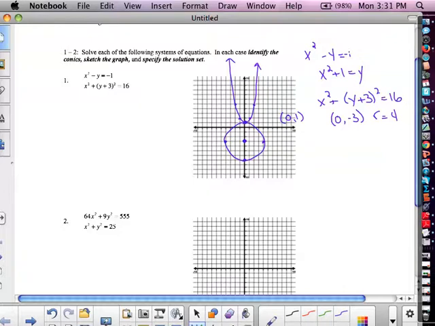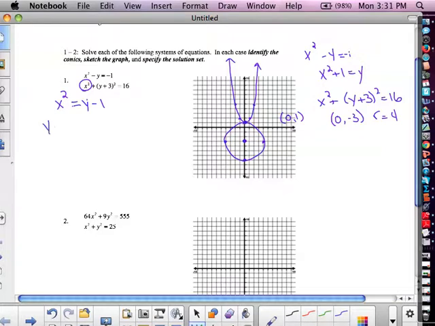To do that, I would take the first equation, x squared minus y equals -1, and I would add the y to both sides. So x squared is equal to y minus 1. Then you can substitute y minus 1 into the second equation for x squared.